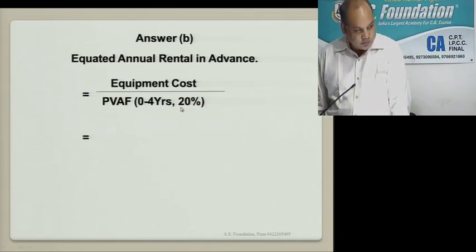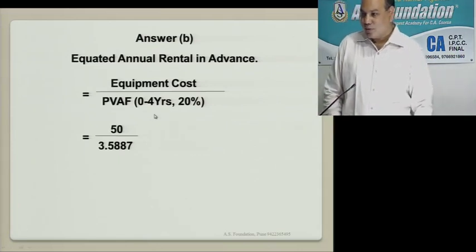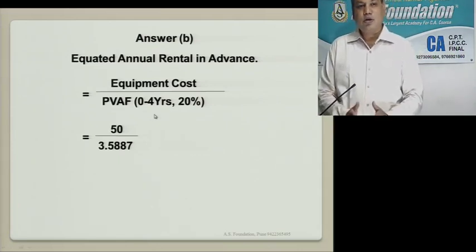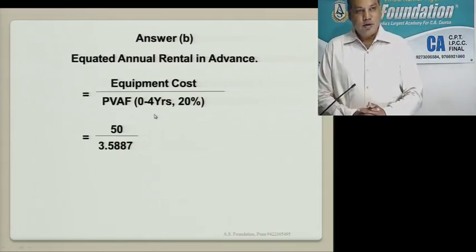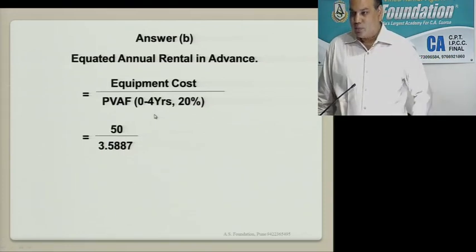How much is that? 50 divided by 3.5887. 0 to 4 year, do you know how to compute? First you compute 1 to 4 and then add 1. Is it 3.5887?